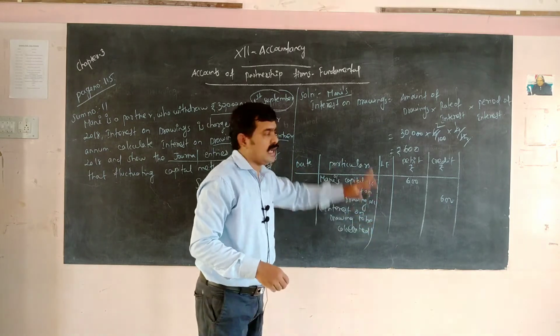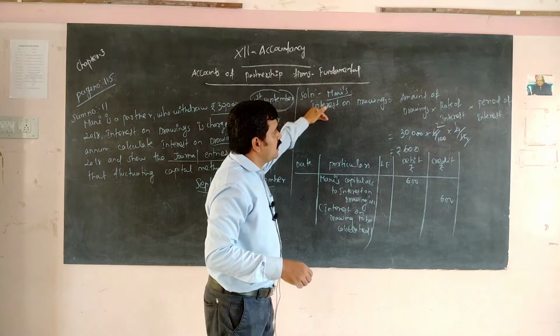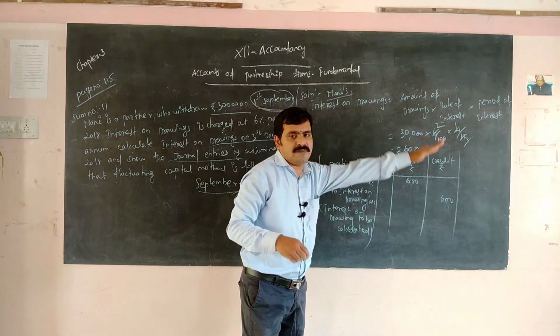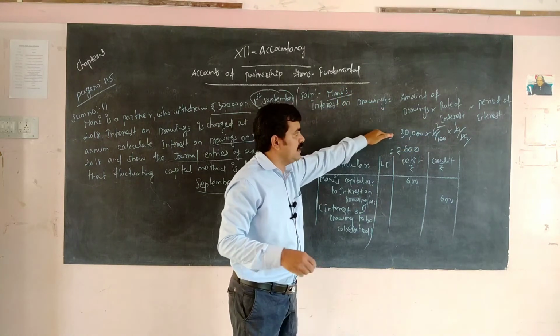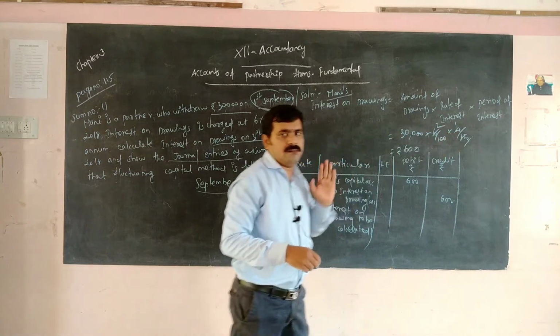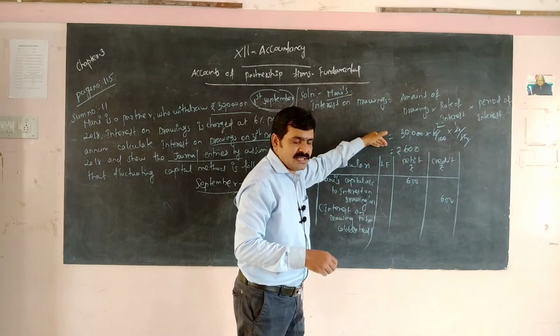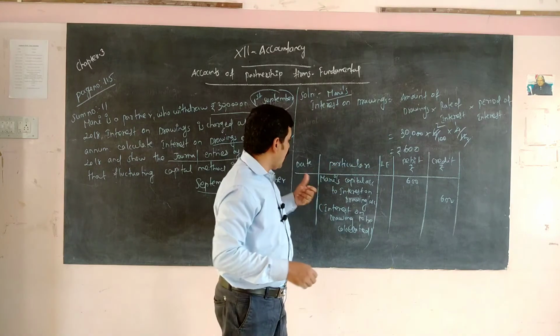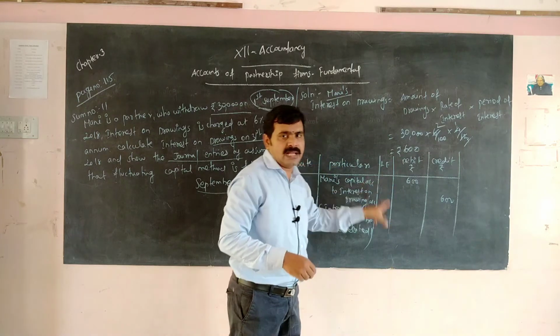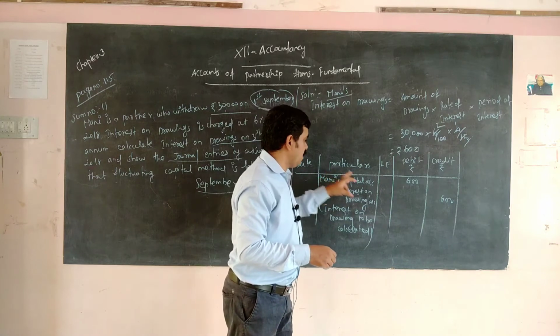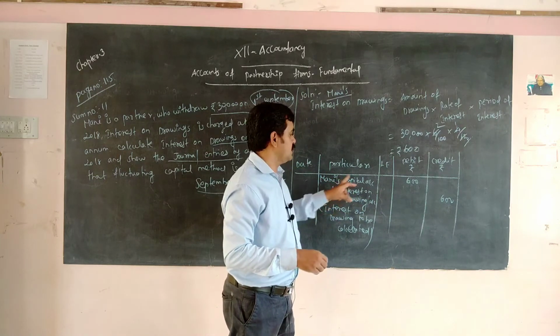The amount is 600. How did you calculate? Interest on drawing equals amount of drawing into rate of interest into time. The amount is 30,000 into 6 by 100 into 4 by 12. The solution is 600. You have to take this amount and put it in the journal also. So Mani's capital account debited to interest on drawing, 600.